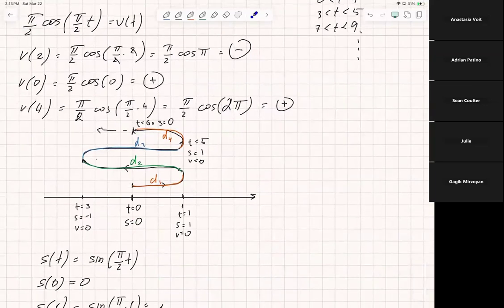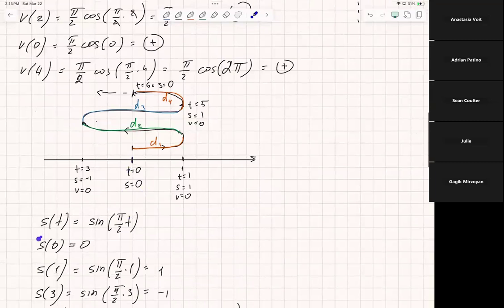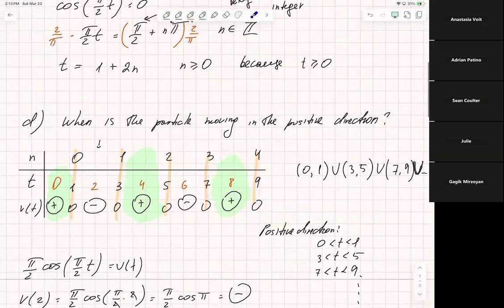Okay, next question was, let me see. Find the total distance traveled during the first 6 seconds. Okay, so as we said, we are starting at time 0, right? We found out that the position is going to be 0, right? So S of 0 is 0, because that was a sine, right? Sine of 0, that's going to be 0. Then we need to check what happens at those points where the particle is at rest.